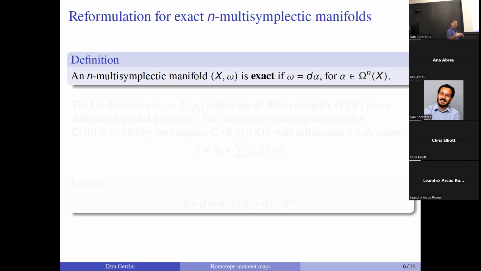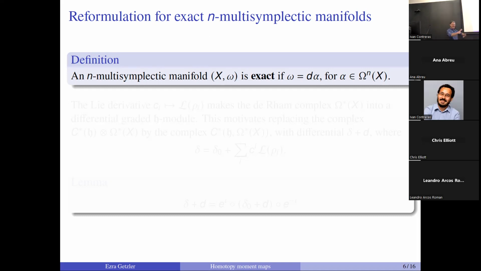And those local choices of one forms are the connection one forms of this line bundle, once you multiply them by i. So it's a complex line bundle with Hermitian, no, that's nonsense. Sorry.